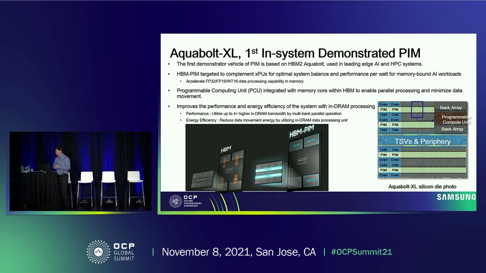What we've done is take the HBM2 DRAM die, push apart the DRAM banks, and drop in a programmable compute unit that accelerates FP32, FP16, and INT16 data types, so that you can do some computation right next to the DRAM banks.